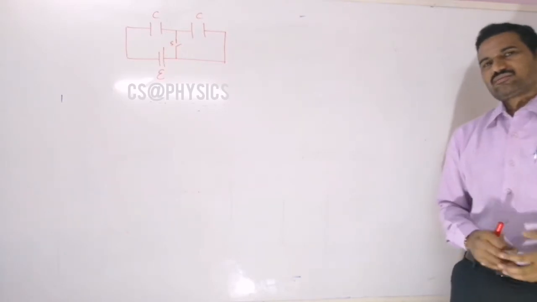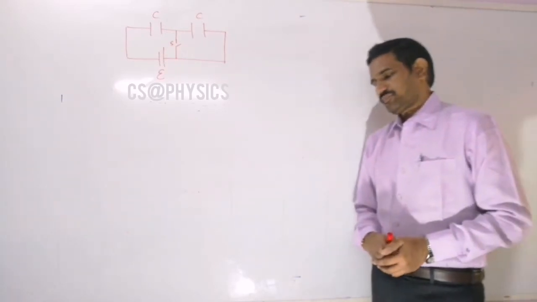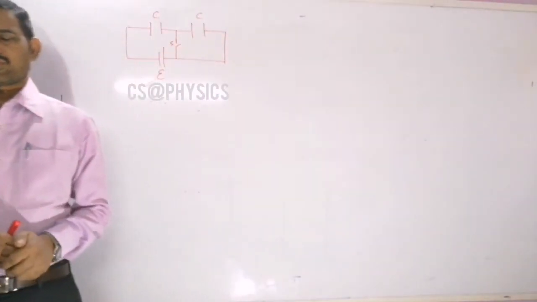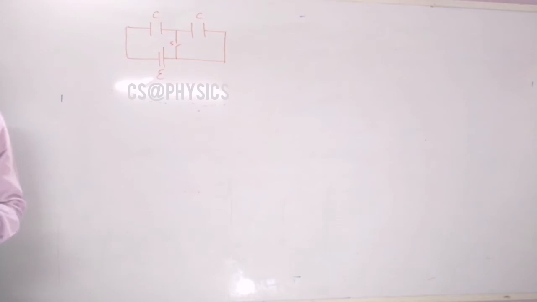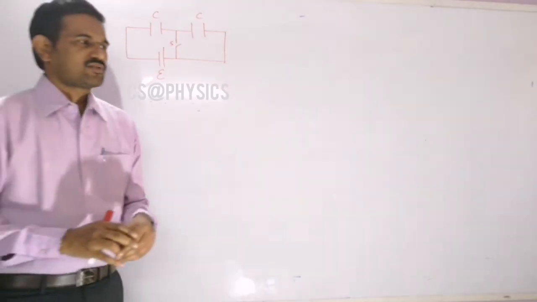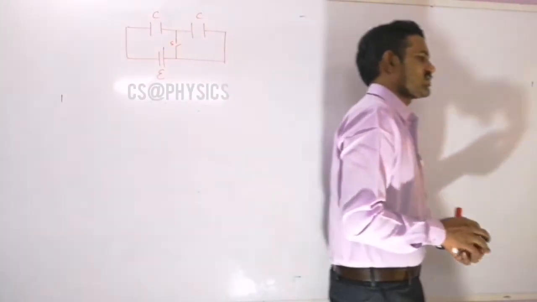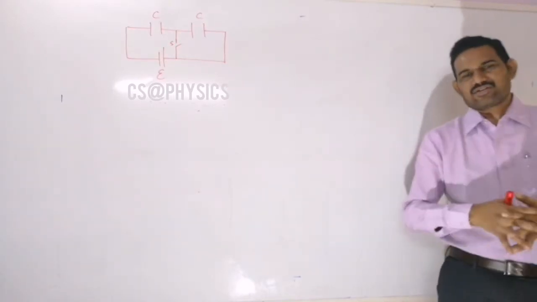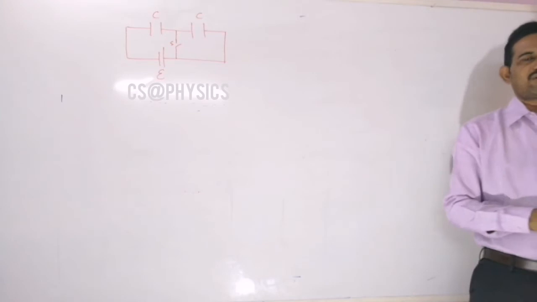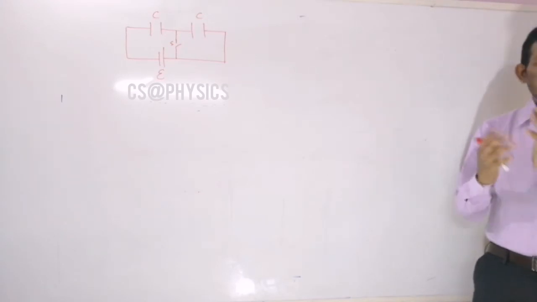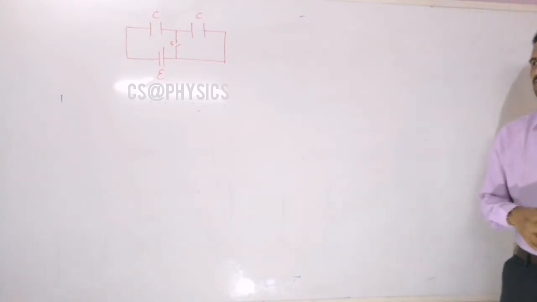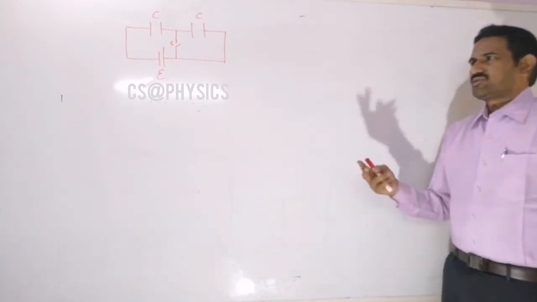And also find the heat produced in the circuit when the switch is closed. Right? So in this problem I am giving the heat calculation also. Heat calculations we did already in the previous class, and now in the switch problems we can calculate the charge flowing, and heat calculations also we can do here. And so it's a simple question only.